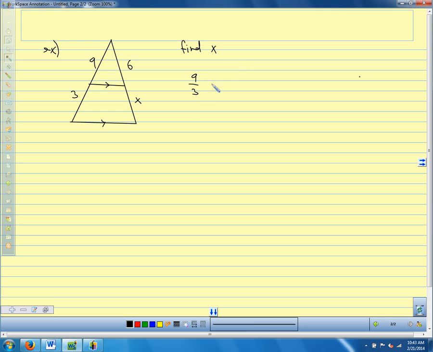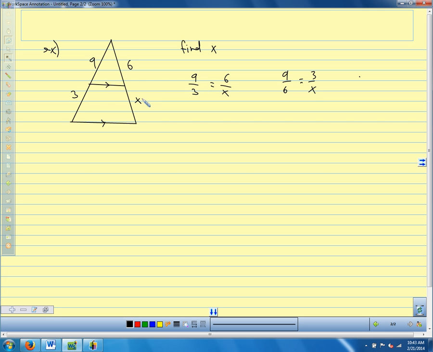9 over 3 equals 6 over x. That one will work. Can we use a different one? 9 over 6 is 3 over x. That one works as well. When I cross multiply here, I get the same thing. There are a couple of other ways that I could set it up.